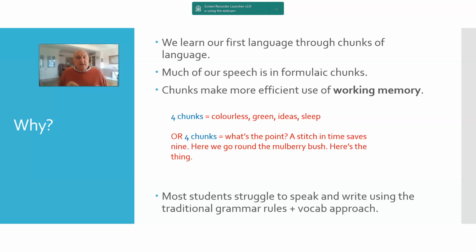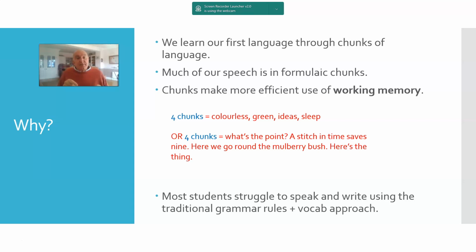Second thing I'd say is this: chunks make more efficient use of our working memory. Now our working memory, our short-term memory, is very, very limited in its capacity. It's thought to be able to hold in conscious thought maybe something between 3 to 5, let's say 4 chunks of information, bits of information.